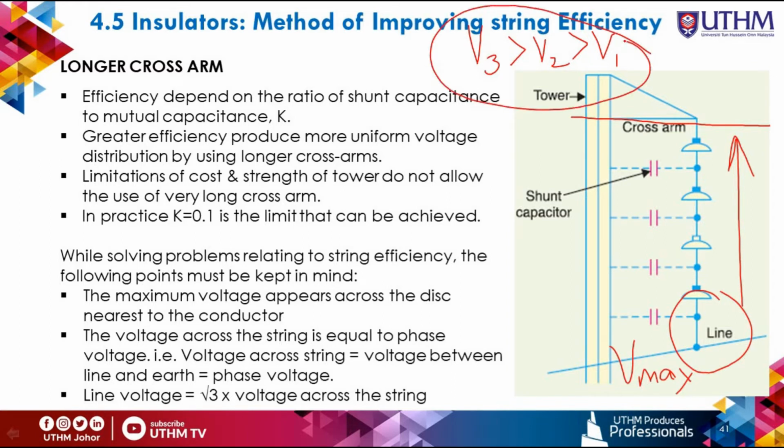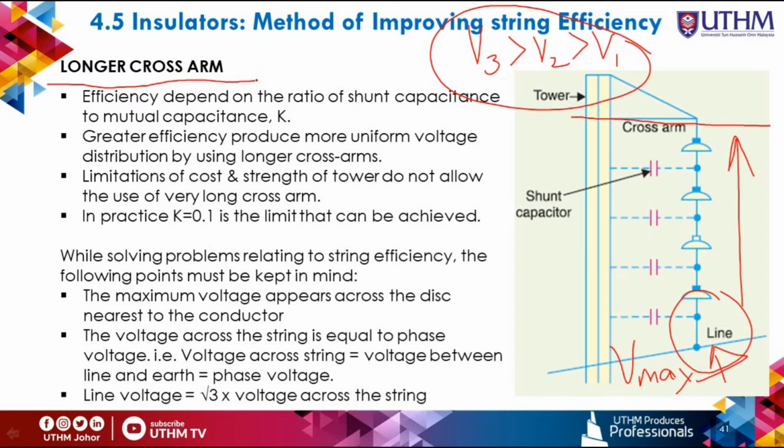So if the insulation of the highest stress insulator, which is nearest to the conductor, breaks down or flashover takes place, the breakdown of other units will take place in succession. So this necessitates equalizing the potential across the various units of the string, which is to improve the string efficiency. One of the methods for this purpose is by using a longer cross arm.